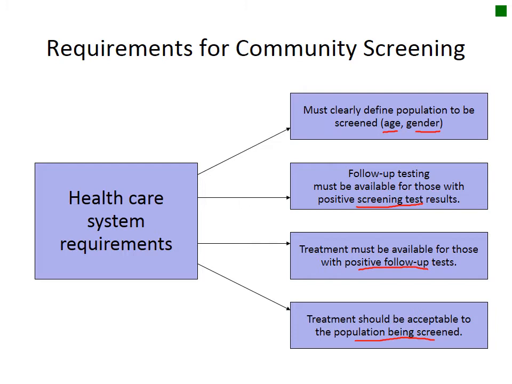What is the available follow-up care? So this is all about having a positive screening test result. What's next? What's the follow-up? And then lastly, this is kind of common sense, but the treatment should be acceptable to the population being screened.